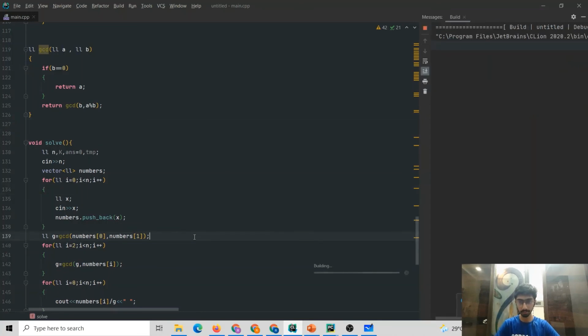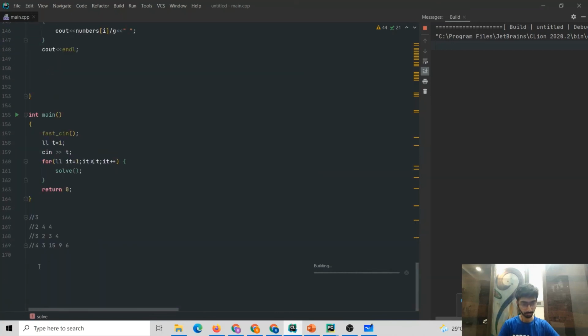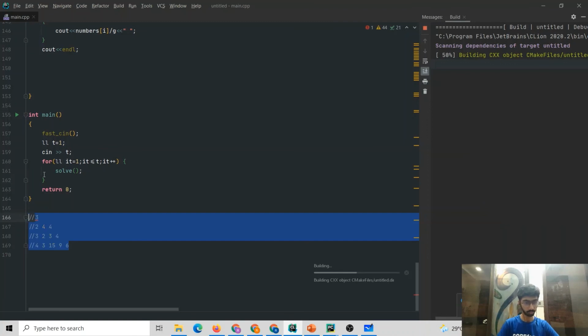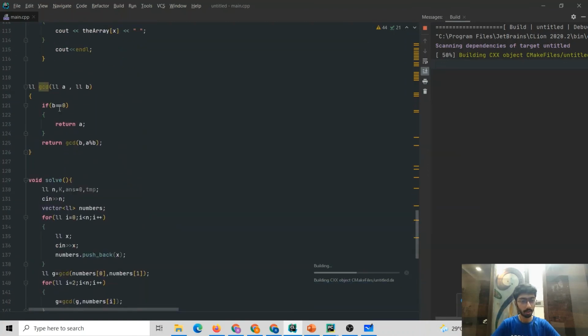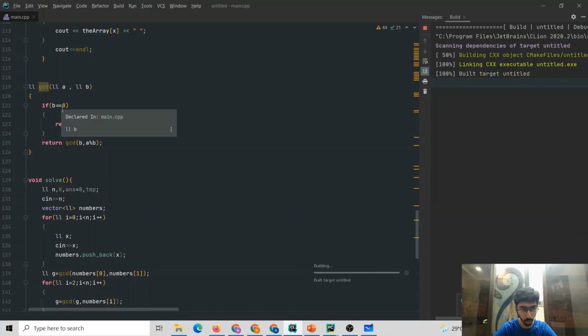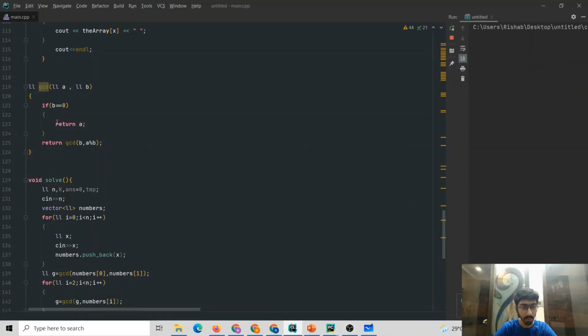Let us try to run it. So we'll go through the GCD function once. As I said, the base case for our GCD would be if B is equal to 0, we are going to return A. But otherwise, as you can see, this is what Euclid's GCD algorithm states, that GCD of A comma B is equal to GCD of B comma A mod B. We can see that we have got the same output.